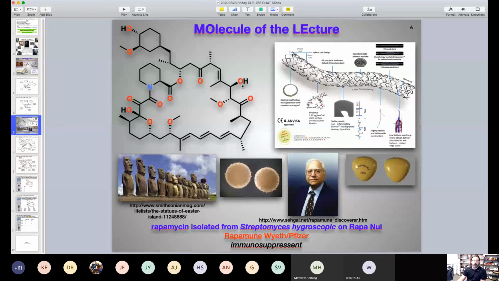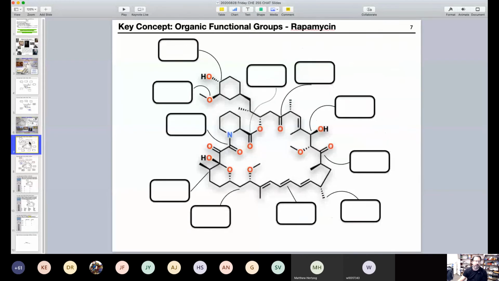So look, there's a lot of functional groups present in this molecule, right? Even though it looks complex, we want to understand these different bonding patterns. We have a lot of different types of oxygen, but they're in different functional groups. So let's do the same activity. In the box where the mouse is hovering, what functional group is that?